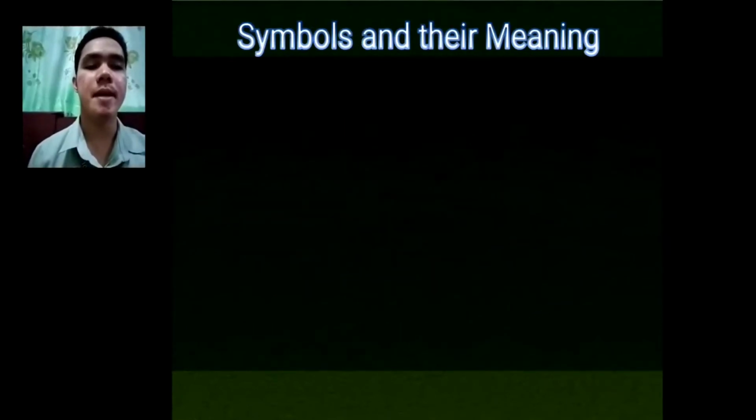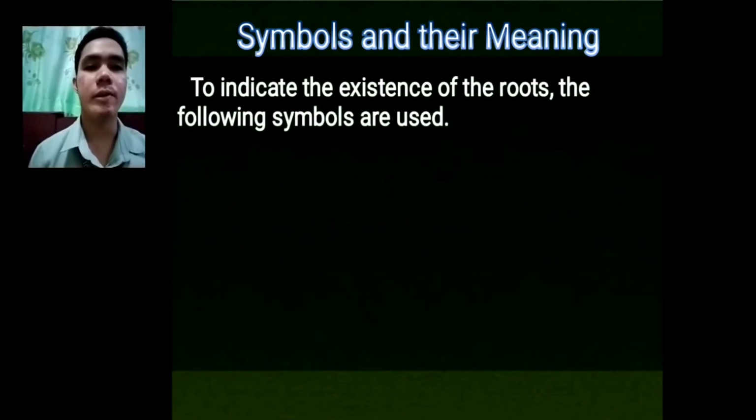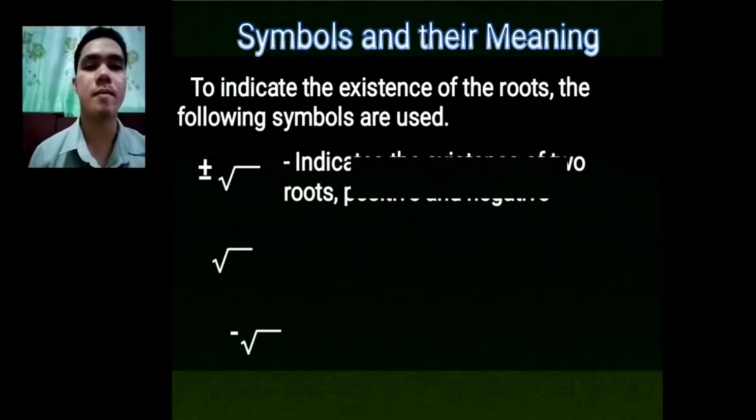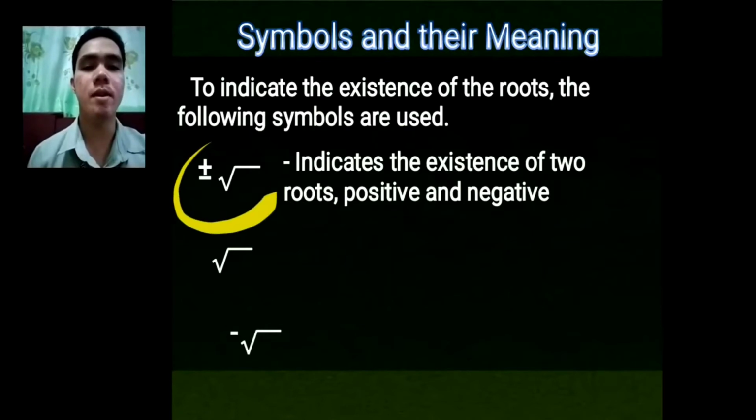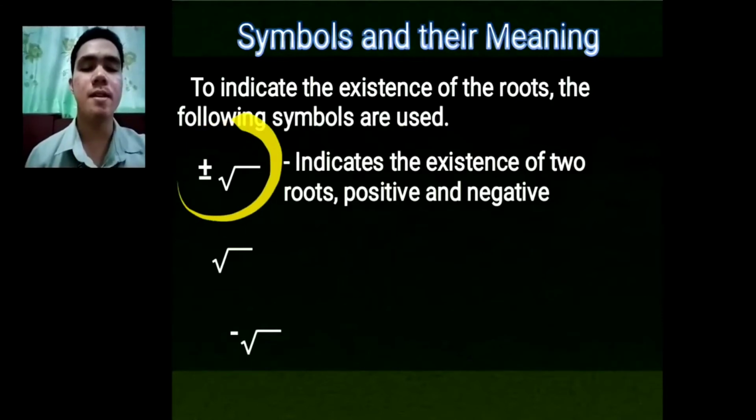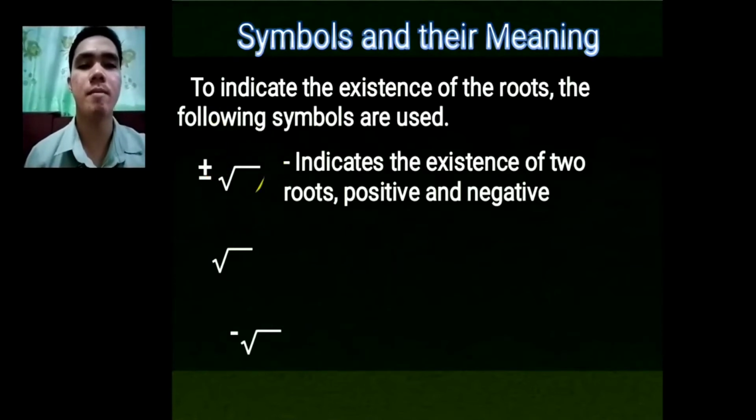Symbols and their meanings. To indicate the existence of the roots, the following symbols are used. As you can see, we have different symbols. This symbol indicates the existence of two roots, positive and negative. Positive and negative with the radical symbol means that you have to find the two roots.